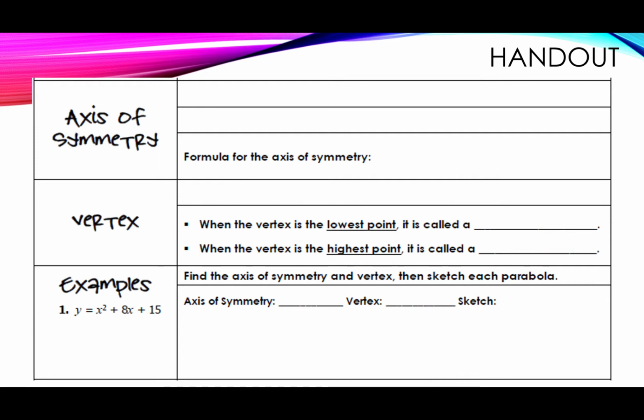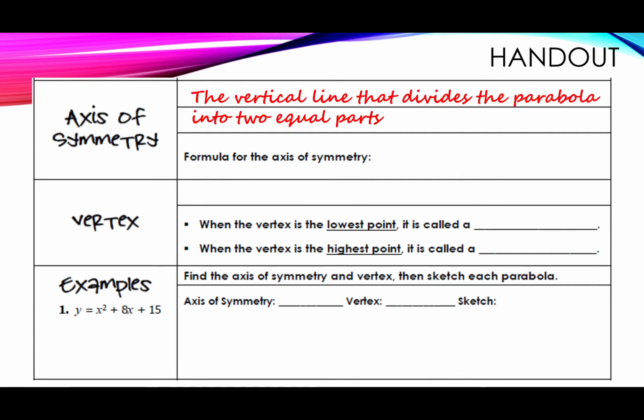There are a couple different properties that all quadratics have. One thing is they have an axis of symmetry. There's a line that if we folded the parabola over, it would be symmetrical. The vertical line that divides the parabola into two equal parts is the axis of symmetry, and there's a formula for that: x equals negative b over 2a.